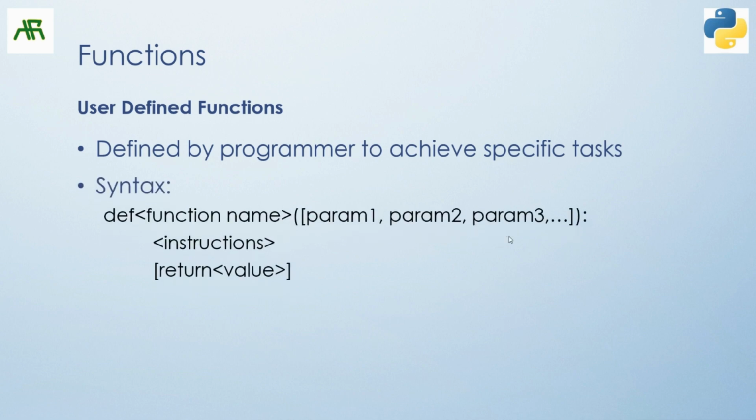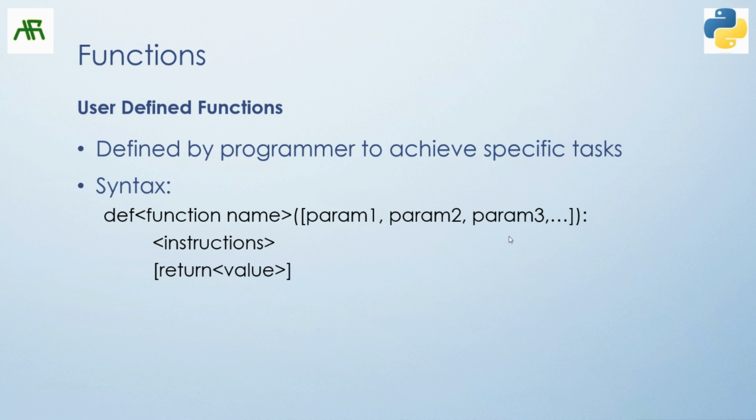This is the basic syntax for a function definition. We saw a couple of examples following a similar pattern. Define with the keyword def, function name, and parameters 1, 2, 3, and so on. The function need not have a parameter or an argument also. That's also a possibility. And parameters can be any number as well.